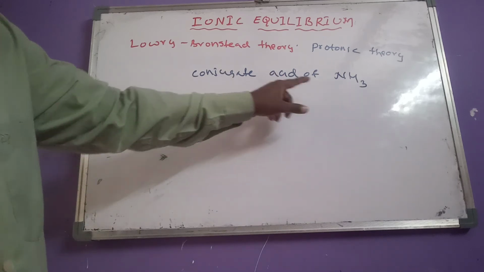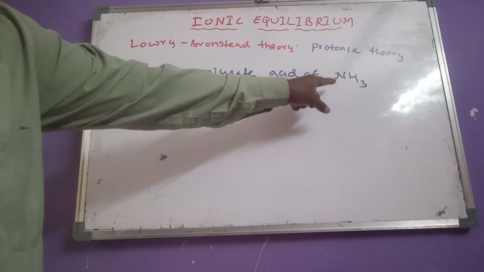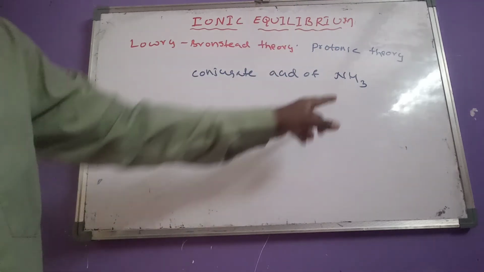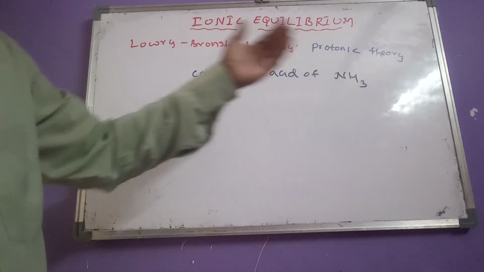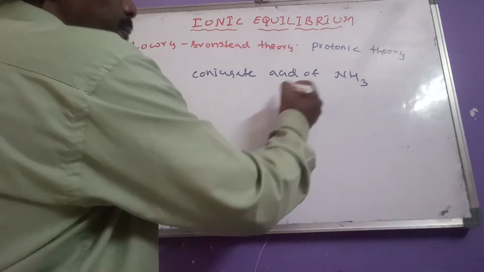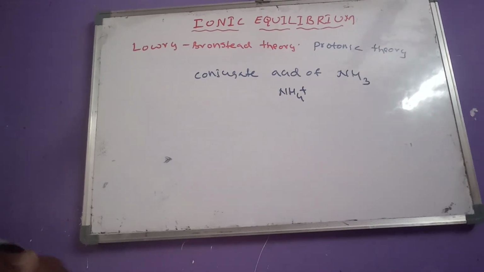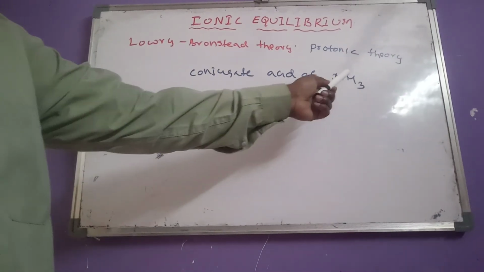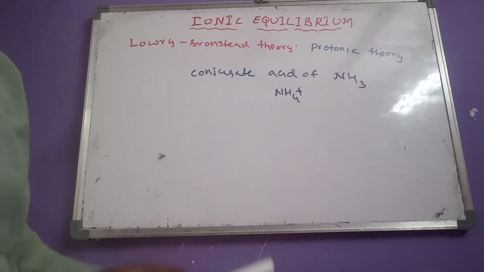What is the conjugate acid of NH3 we are asking means it should act as a base. If it acts as a base, what it has to do? It should accept a proton. So by accepting proton, now we can get which one? NH4 plus.